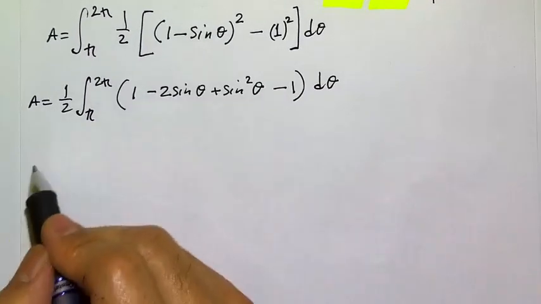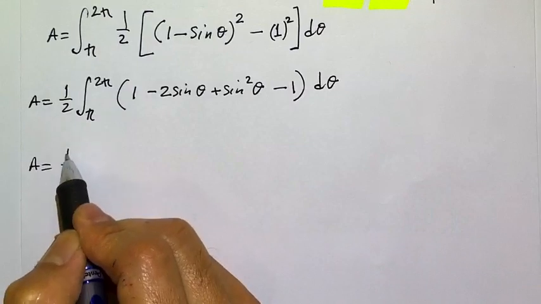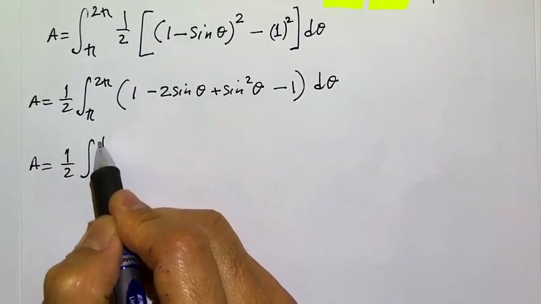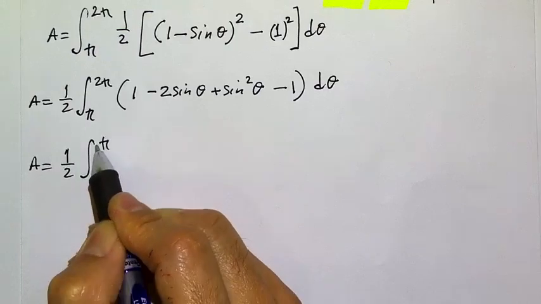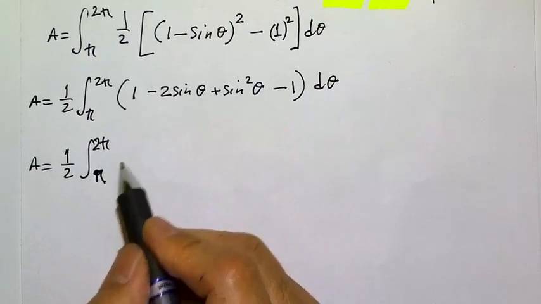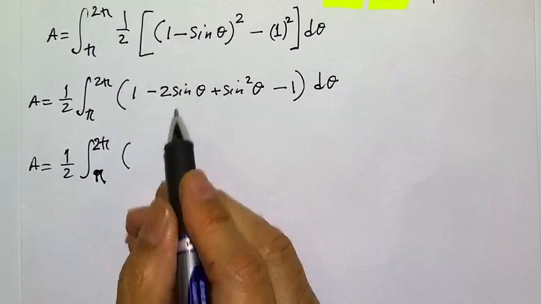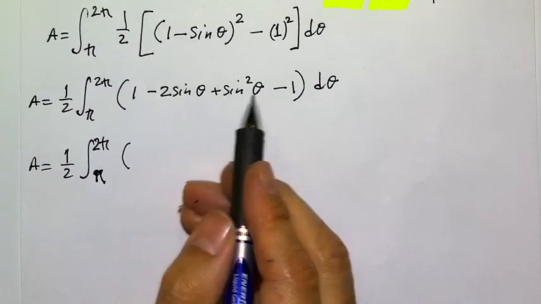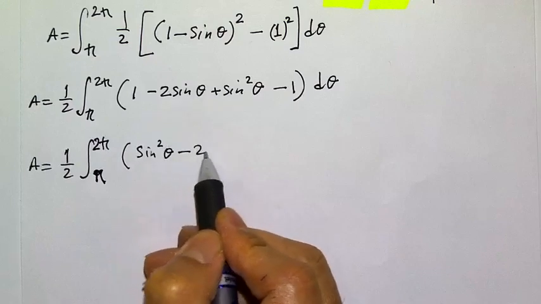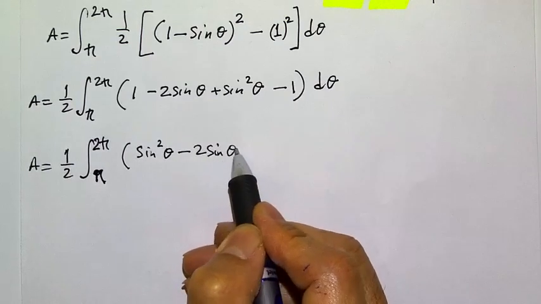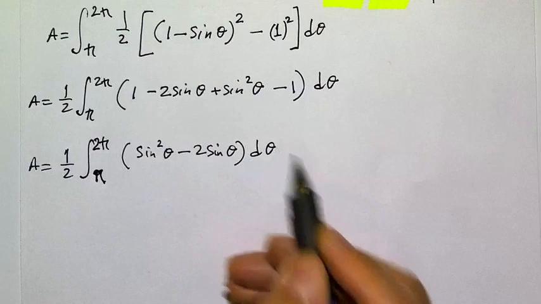We get A equals 1/2 integral from pi to 2 pi of sine squared theta minus 2 sine theta d theta.